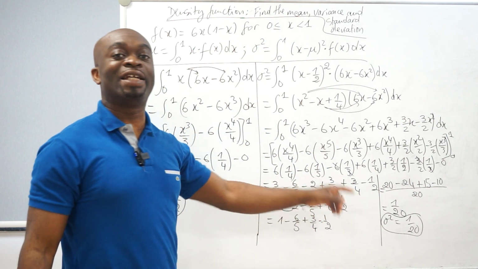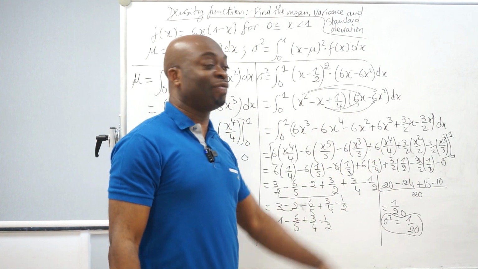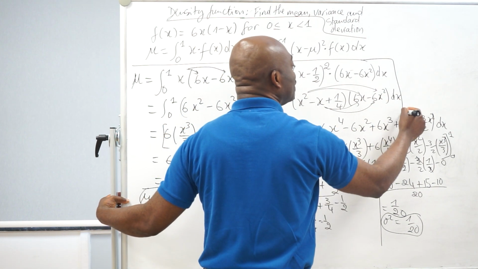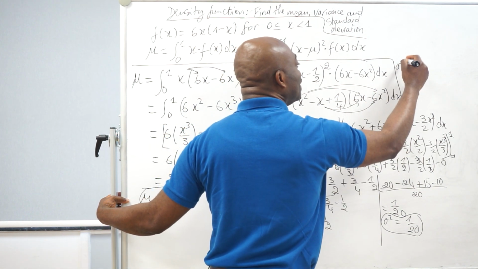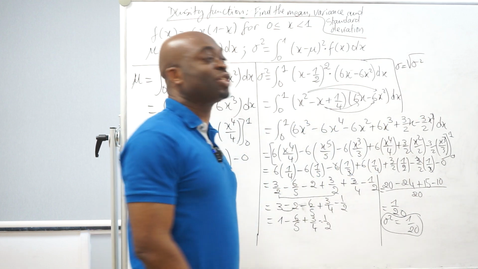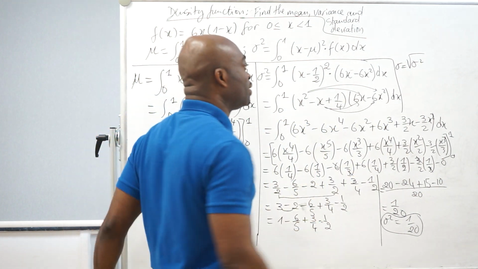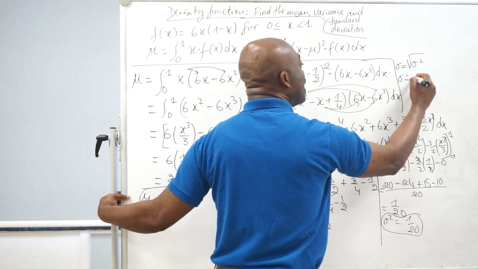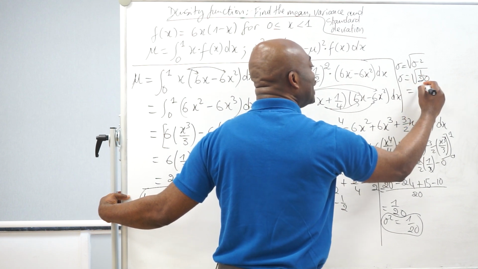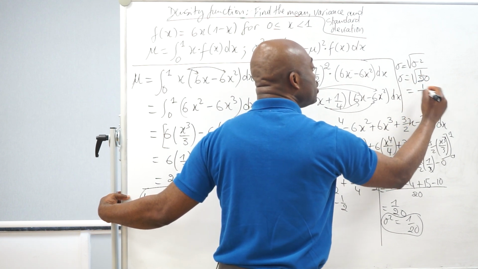Okay? So once we get that, we can now find the standard deviation. So I'm just going to come here for space. The standard deviation is the square root of the variance. And then we end up having the square root of 1 over 20. And that's the same thing as 1 over the square root of 20.